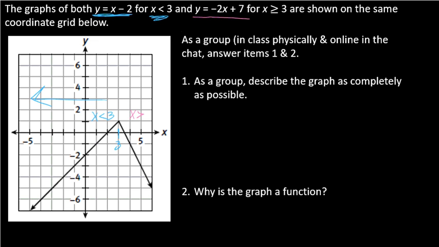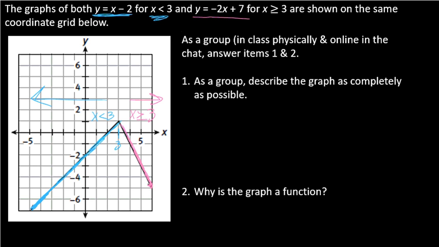So that's this guy here going off to the right. So we've got this equation for x equal to or bigger than 3, and we've got this equation for all x smaller than 3, right?